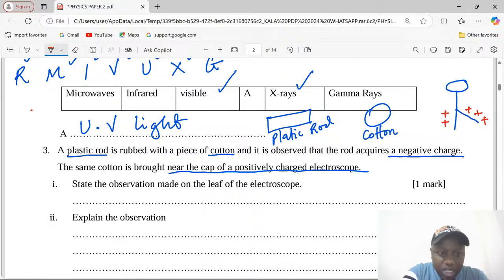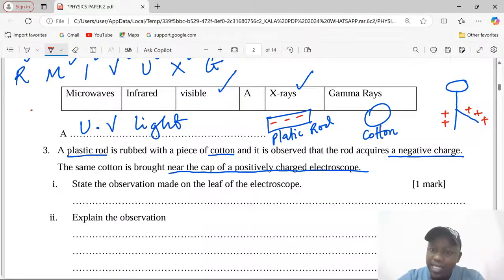Now, we are told that a plastic rod is rubbed, then it acquires negative charges. So this one is negatively charged. Remember, it is not the rod which is being brought at the cap. We are now bringing the cotton, which has ensured that the plastic rod is negatively charged.